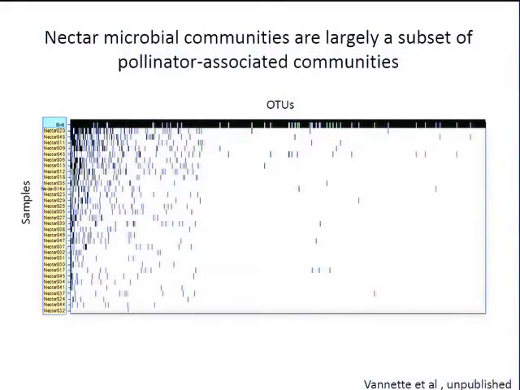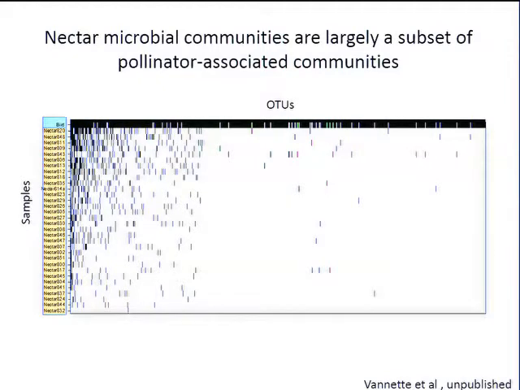And so I'll just walk you through the figure very quickly. On the top, we have a bird sample, and it represents the combined samples of about 50 different birds that we found. And so you can see that we found a lot of different taxa.